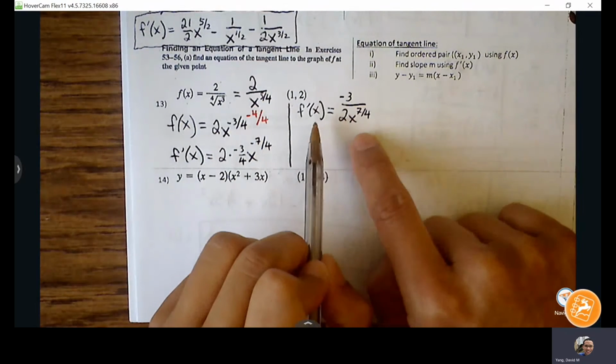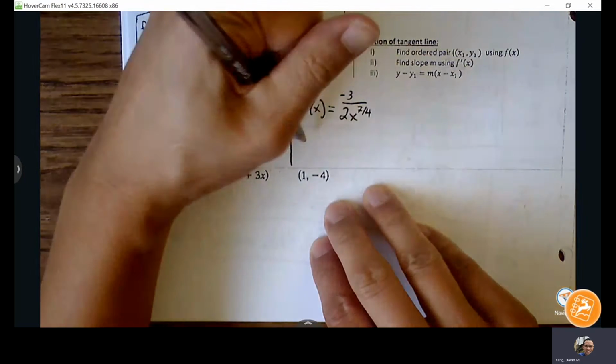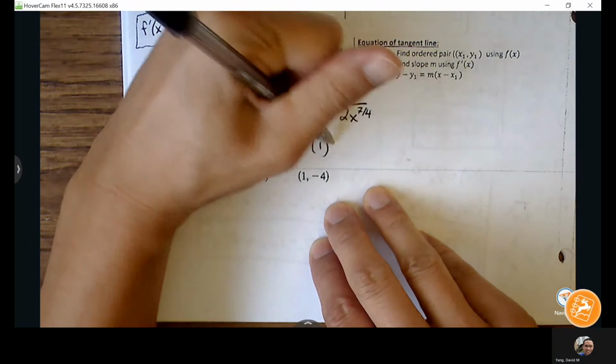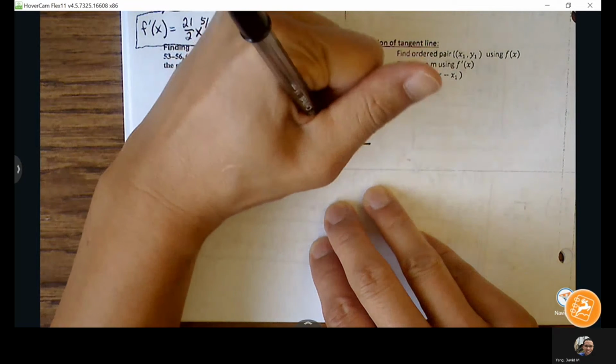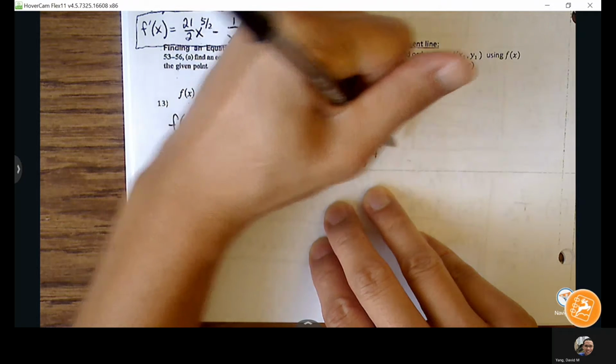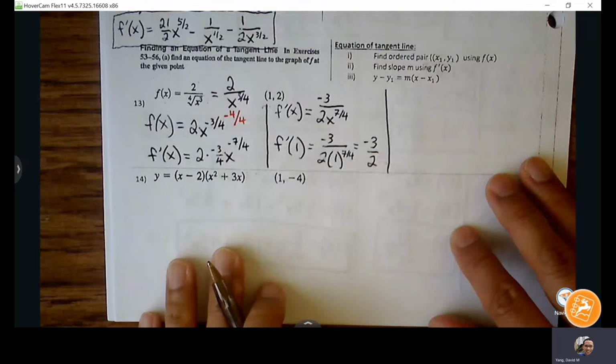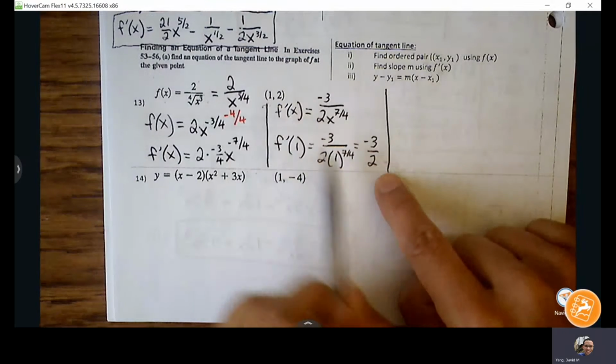So now we're going to gather information. We're going to plug our x value into the derivative to get our slope. So we have our ordered pair, we have our slope.